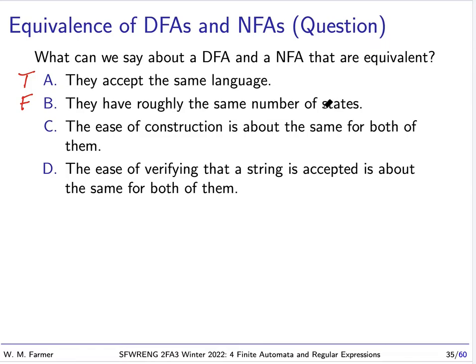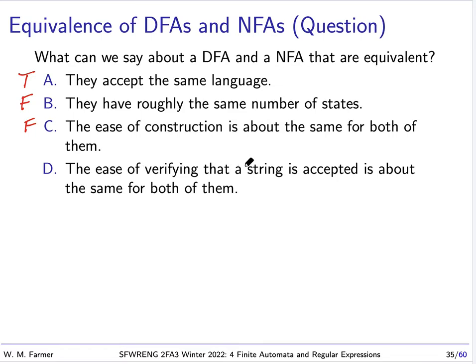An NFA allows us to write a finite automaton that's much more compact than we could with a DFA. The ease of construction is about the same for both of them. No, this is false too. NFAs, as you're going to see, are much easier to construct than DFAs, generally.